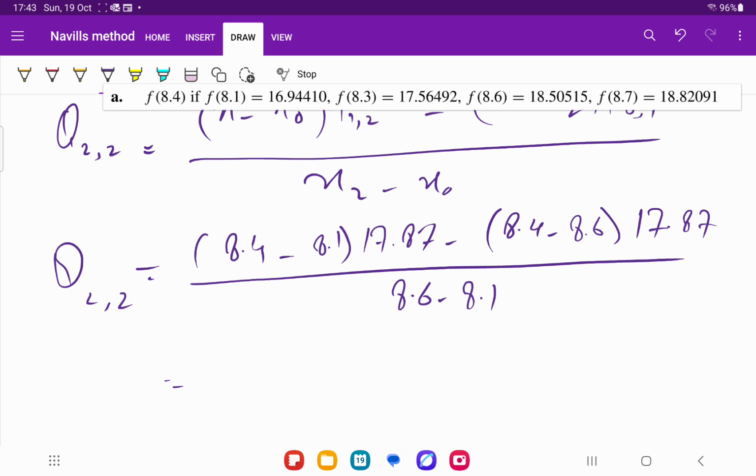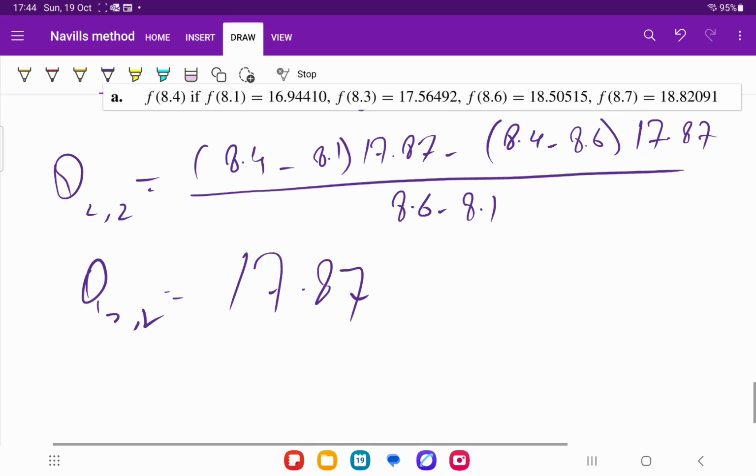Sir, I also got 17.87. Let's keep it 17.87. So the main thing is to understand the logic. Don't concentrate on your answer, mainly understand the logic that we are using here.